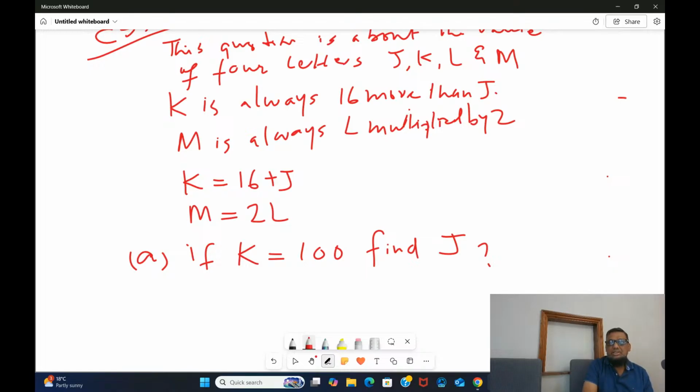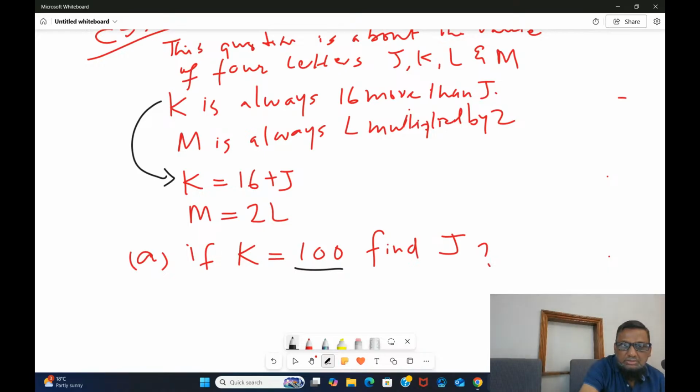Look at the conditions given. K is always 16 more than J, so I made it here for you. K equal to 16 plus J, because K is always 16 more than J. And M is always L multiplied by 2. Now the examiner says if K is given, which is 100, find J.